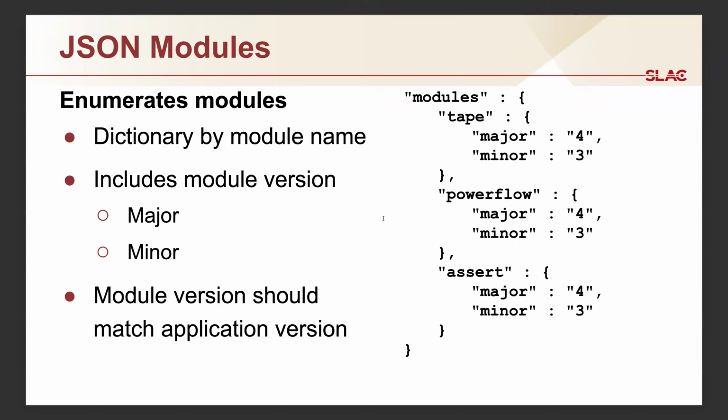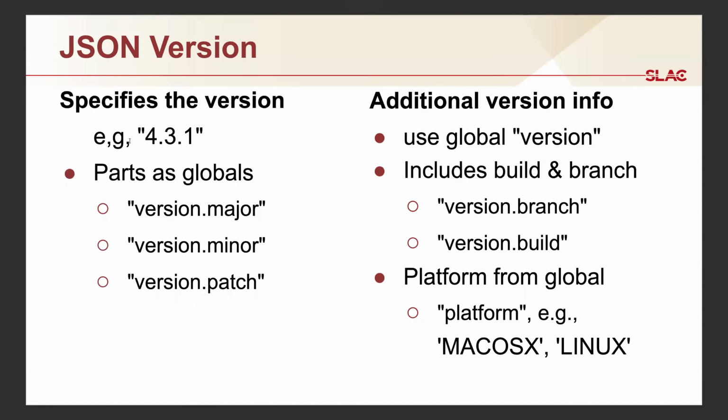The modules themselves really just list the module that's loaded in the model and the version that's loaded for that module. Right now, it's a rule that the major and minor of the modules should match the major and minor of the version itself in Gridlab-D, so that you would expect the major value and the minor value to be the same as the major minor for the version itself right here.